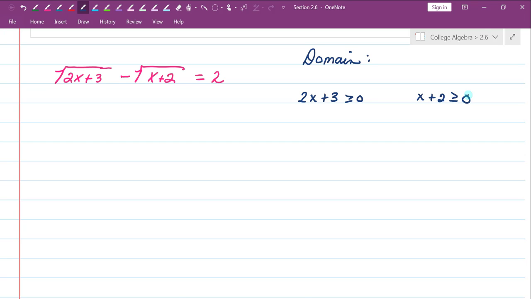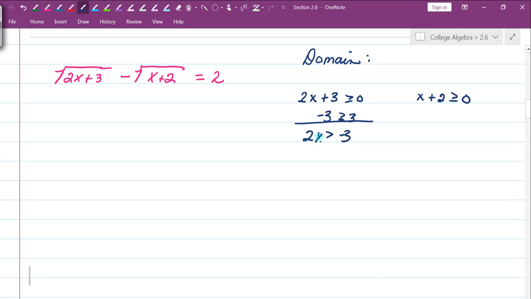As you know, we always start with all real numbers, and then we remove whatever numbers would break the function. So let's go ahead and solve the left side over here. First, we'll subtract 3 from both sides, and we end up with 2x has to be greater than or equal to negative 3.